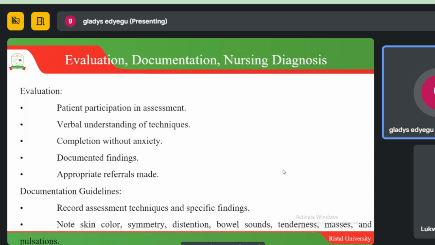Verbal understanding of the techniques is also very important before you start carrying out the assessment.